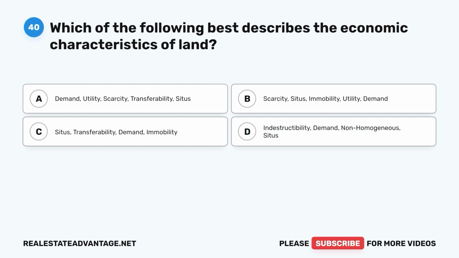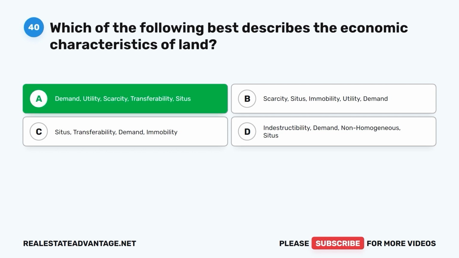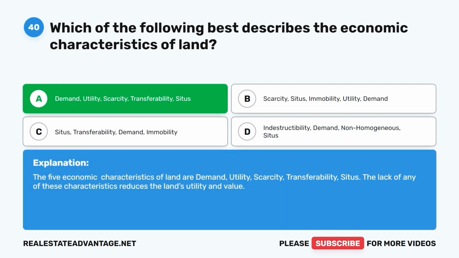D. Indestructibility, demand, non-homogeneous, situs. The correct answer is A. The 5 economic characteristics of land are demand, utility, scarcity, transferability, situs. The lack of any of these characteristics reduces the land's utility and value.